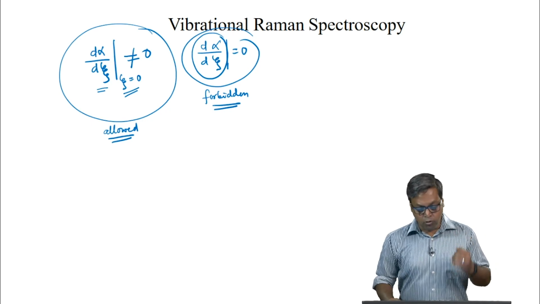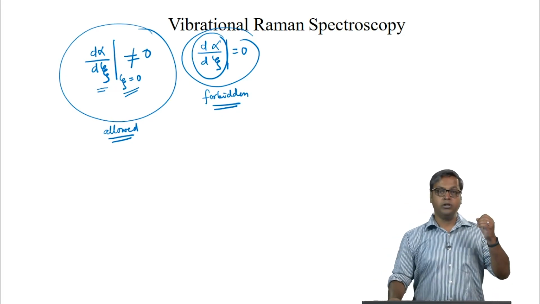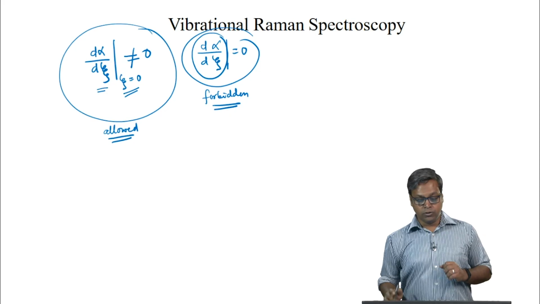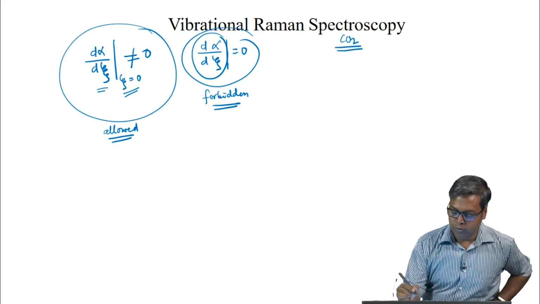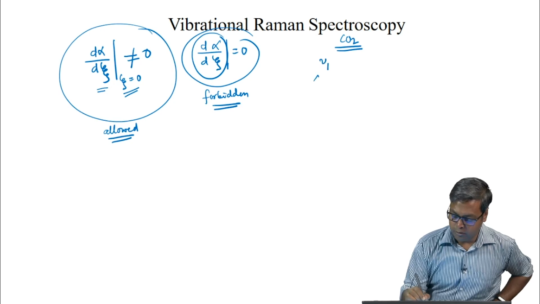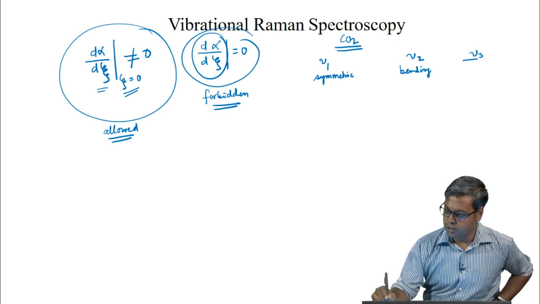So, let us look into the Raman and IR activities of the different modes of CO2. For CO2 we have these different modes. We have nu 1, which is symmetric, nu 2, which is the bending mode, and nu 3, which is the asymmetric stretch.